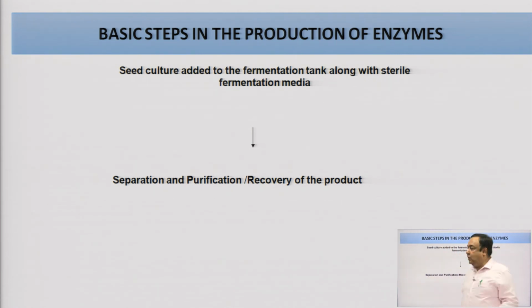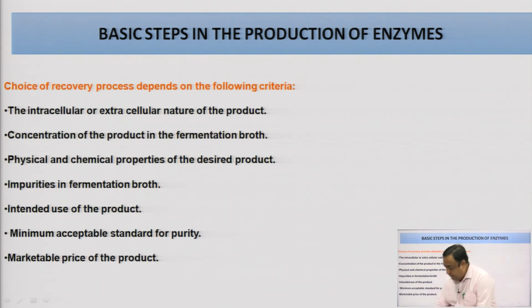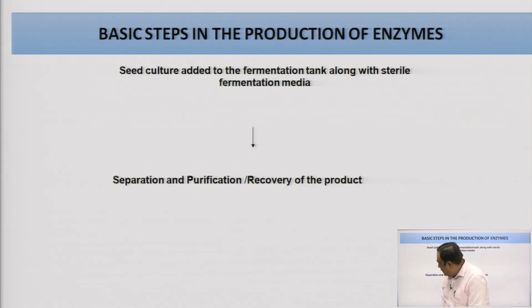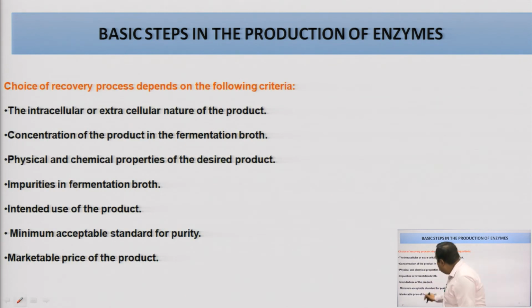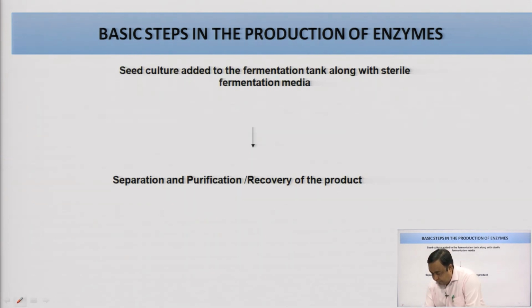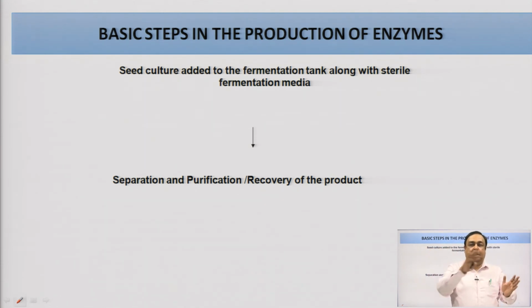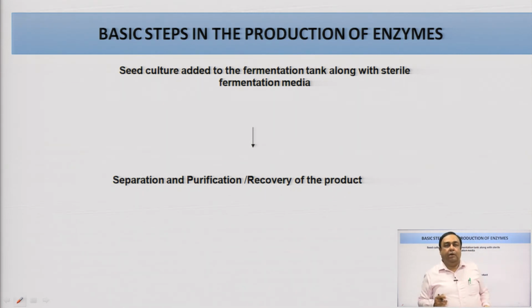Now, this seed culture is to be added to the fermentation tank along with the sterile fermentation media. So, separately you have to sterilize the media and then aseptically transfer it into the fermentation tank and inoculate with the seed culture.